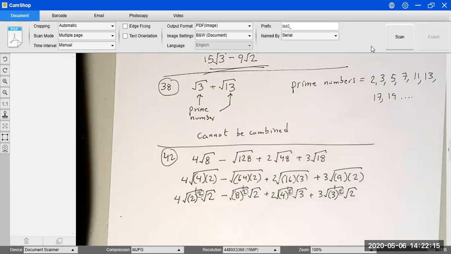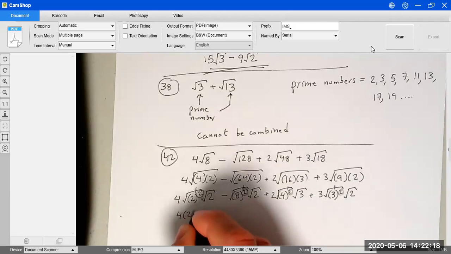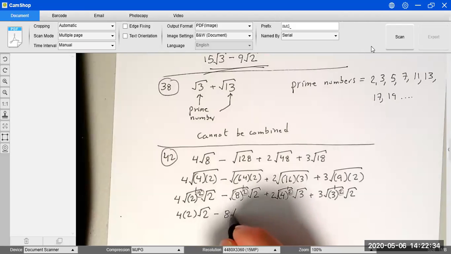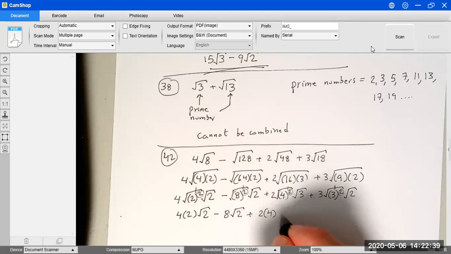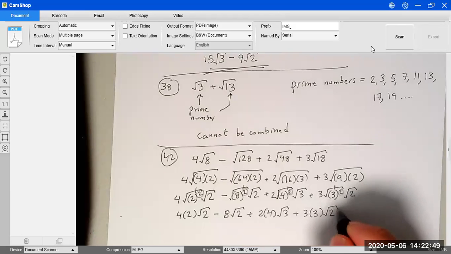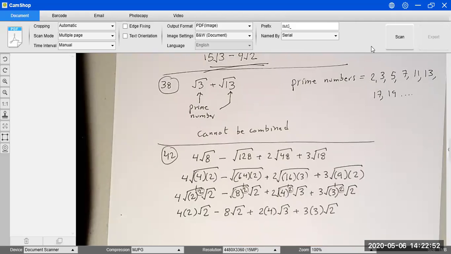So we're going to have 4 times 2, which is what is left after the removal of radicals and exponents, and square root of 2 minus 8 times square root of 2 plus 2 times 4 square root of 3 plus 3 times 3 square root of 2. So the final step is just combining like radicals.